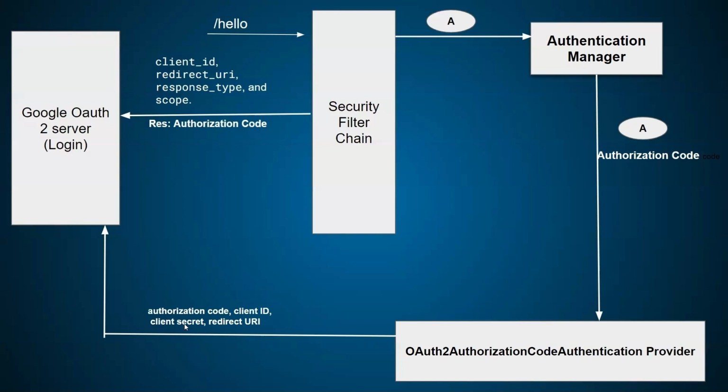In that API call, it will send the authorization code. Second, it will pass the client ID, the client secret, and again the redirect URL. Now it will hit the OAuth2 server. Here the OAuth2 server gets the authorization code, client ID, client secret, and redirect URL, and based on that, it will return tokens to the authentication provider.